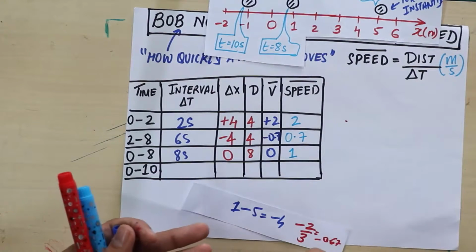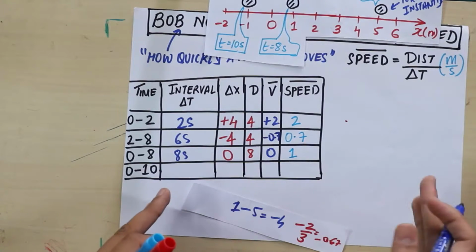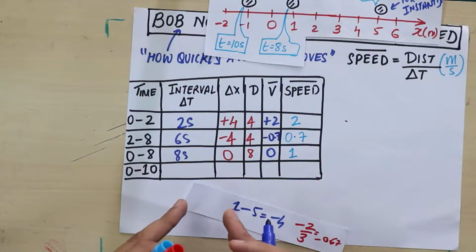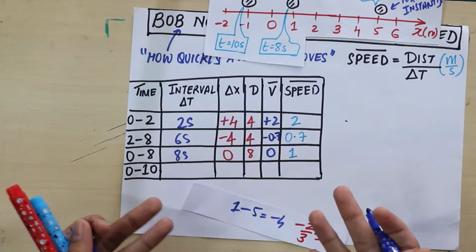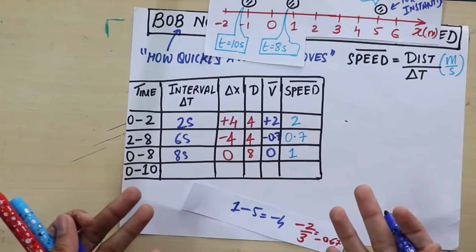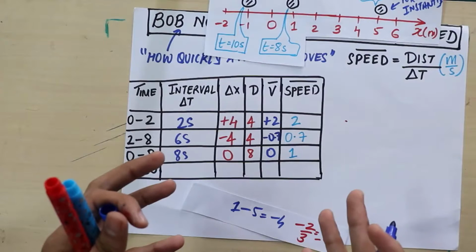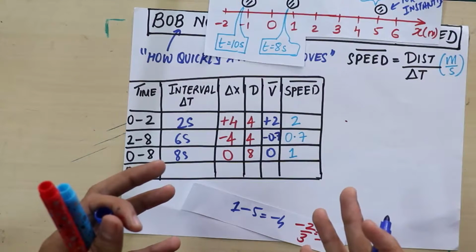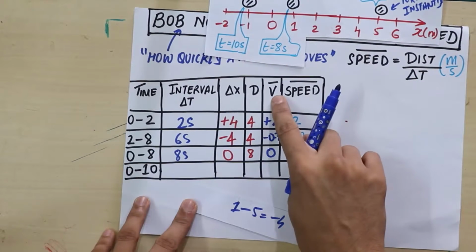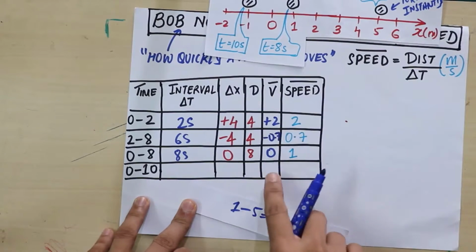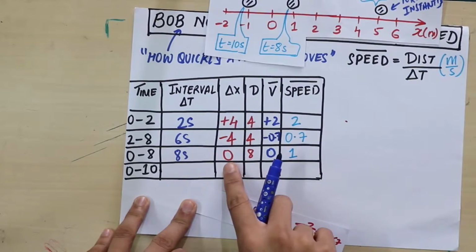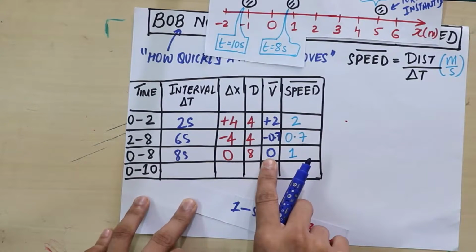Well, Bob would argue that he actually moved towards the right and then came back. But you would say, well, I don't care whether you have moved or not, dude. In the interval of 8 seconds, I don't see any change in your position. So as far as average velocity is concerned, you have not changed your position. That's why you get average velocity as 0.